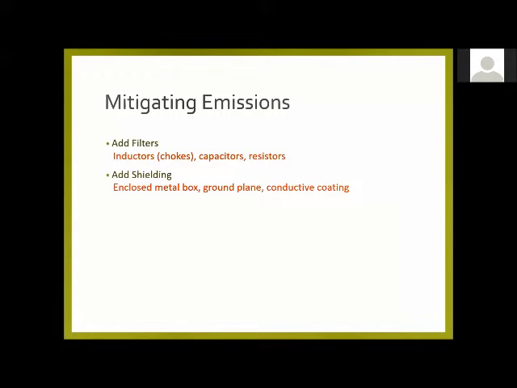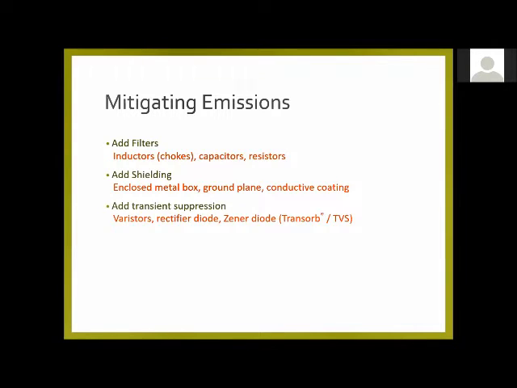You can add shielding. That's simply a conductive surface that's around or adjacent to a noise source, or between the noise source and the receiver of the noise, and it blocks the noise from the emission source.